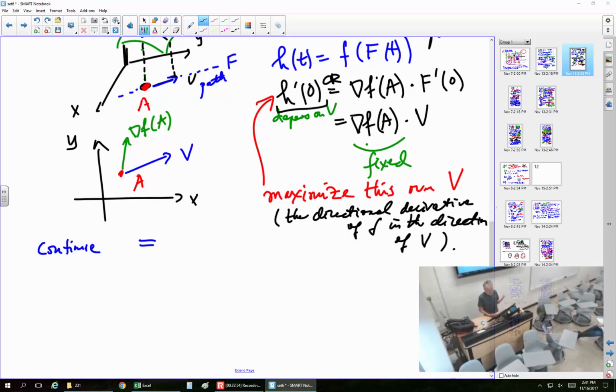Okay, so there's a formula for that dot product. Remember the algebraic formula for the dot product? It's just the sum of the component products. No, that's the definition. The formula which involves the magnitudes.